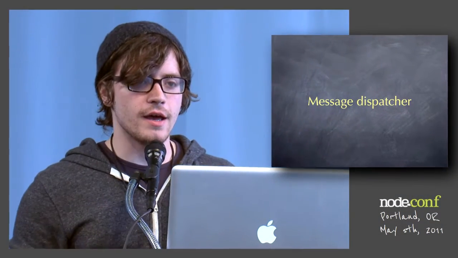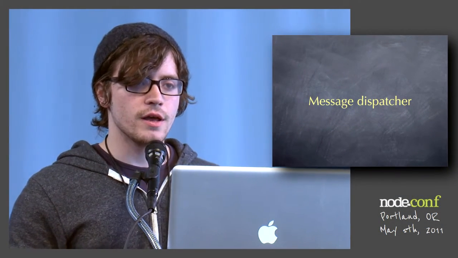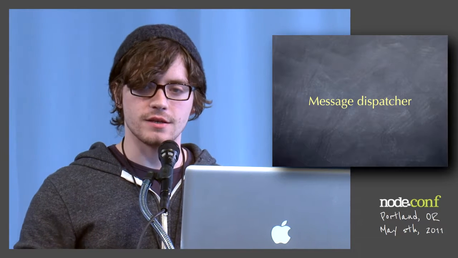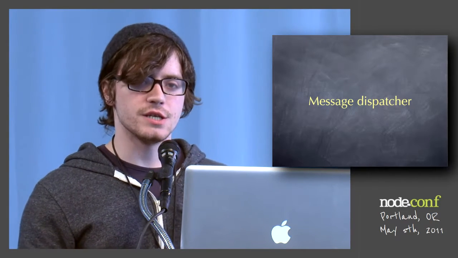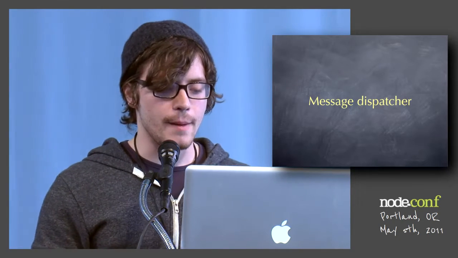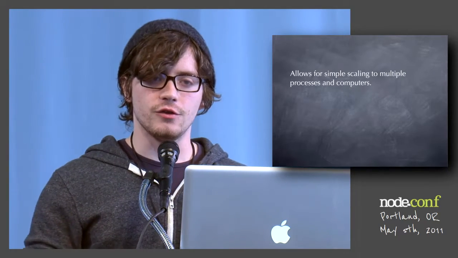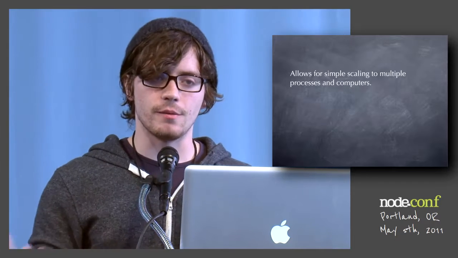So like I said, up until today, you were constricted to one process and one server. We made some changes to make that more flexible. So by default, it is going to continue to store everything in memory.